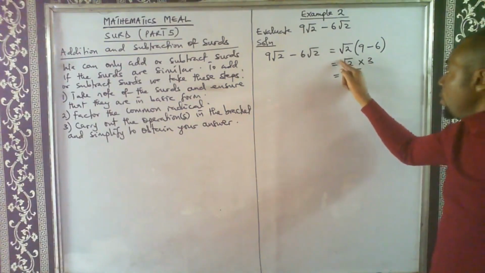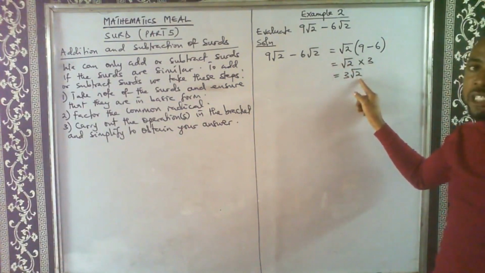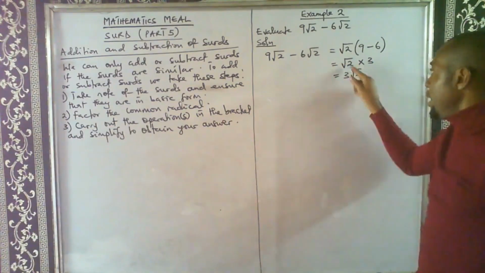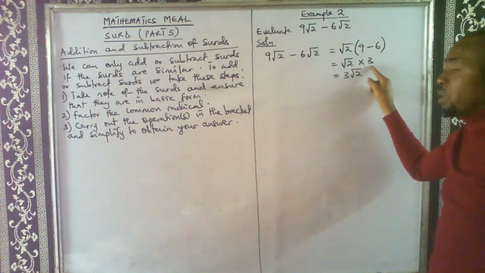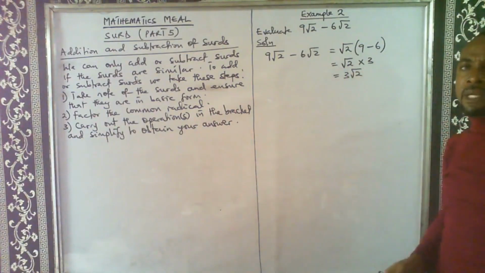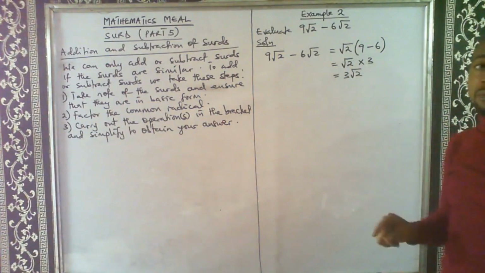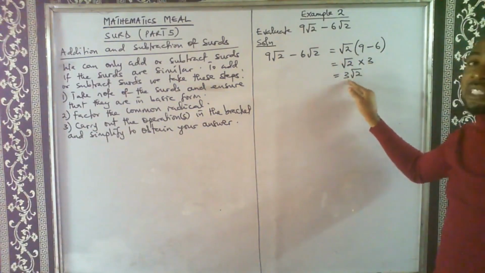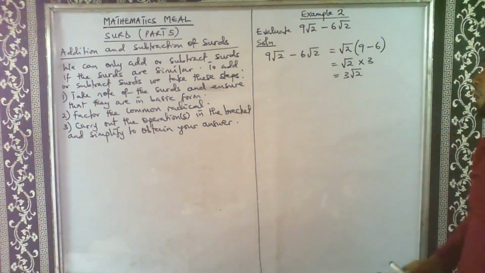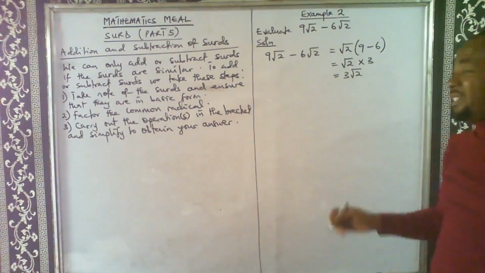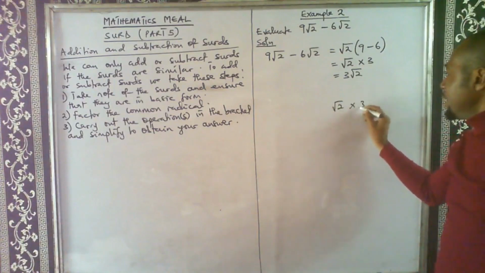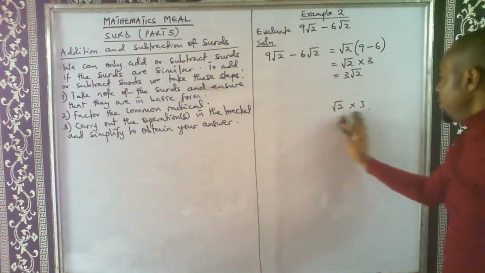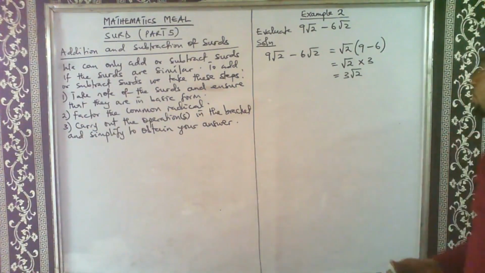So the 3 will just serve as the coefficient of the radical. It will be a sin in mathematics for you to say that it's root 6.